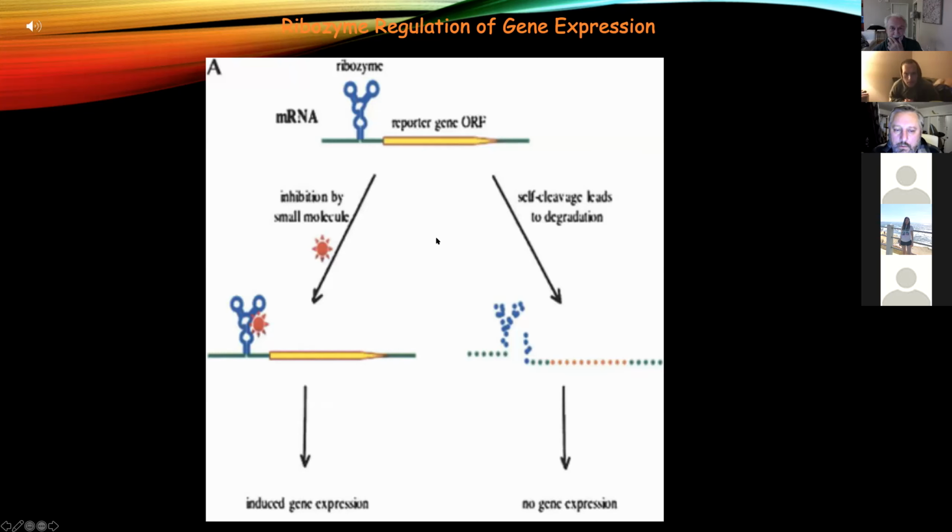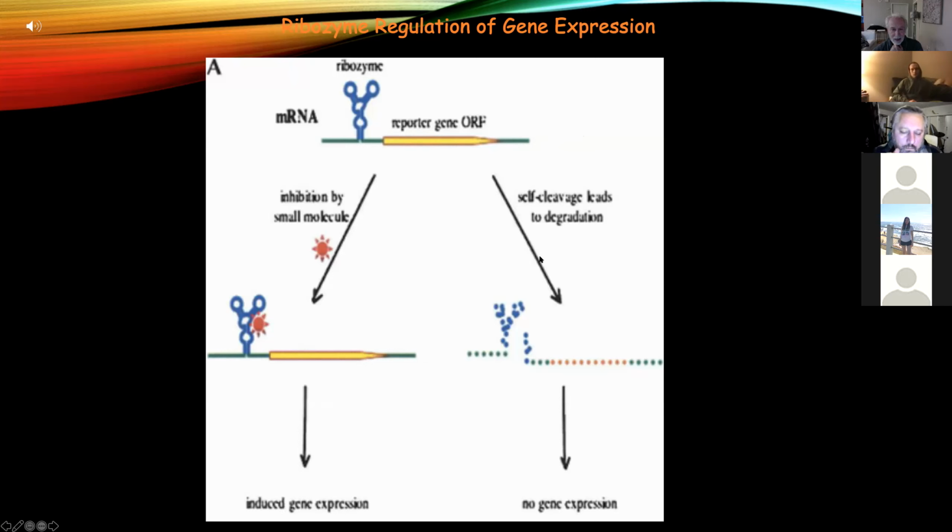Here's an example of how a ribozyme can regulate the expression of a gene. If you have a gene here in yellow, the ribozyme can sit on the mRNA. If you inhibit that ribozyme with some molecule, it can't function. It can't damage the RNA and the gene is expressed.